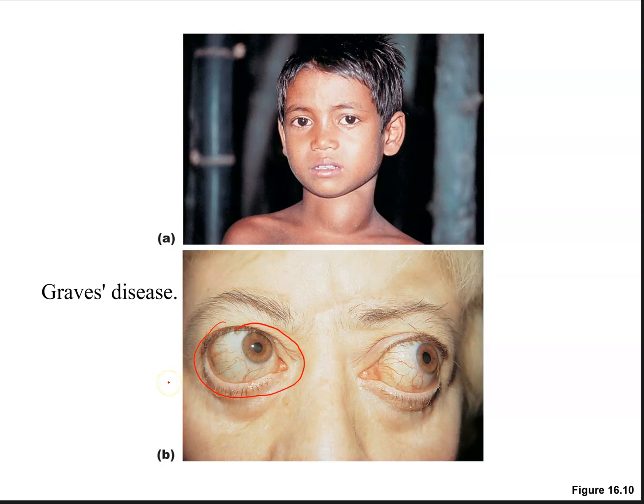So this picture shows Graves' disease, but this picture over here shows hypothyroidism, and you can see that the neck has an enlarged gland. This is due to excessive secretion of thyroid stimulating hormone when the thyroid gland itself is unable to produce proper thyroid hormone.